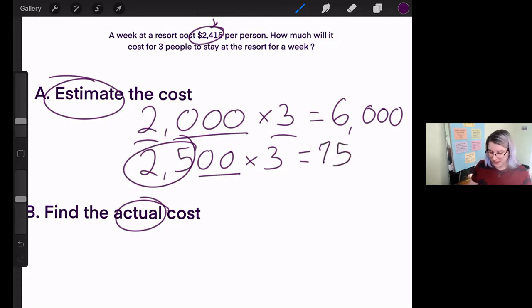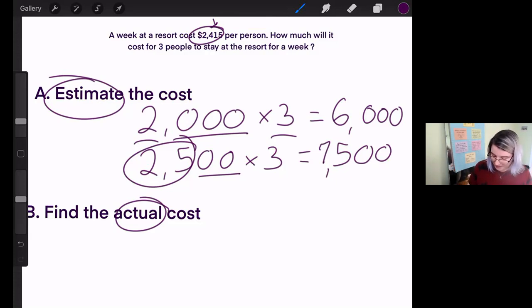And of course, we multiplied 2,500s times 3. So we have 75 hundreds, or in other words, 7,500. Now, these are both correct answers for an estimate of the cost. They are not the exact cost of 3 weeks at the resort, but they're about the right amount. They're an estimate.